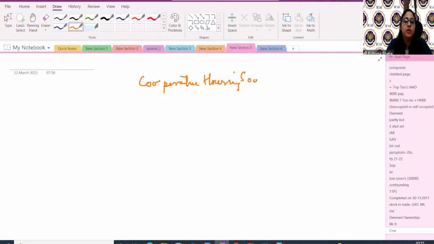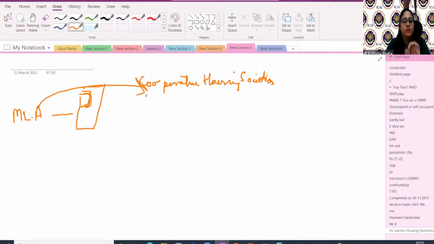So if someday you get a chance to see the documents of a cooperative housing society, suppose Mr. A is a person who is residing in an apartment of a cooperative housing society. Mr. A is a member of the cooperative housing society.